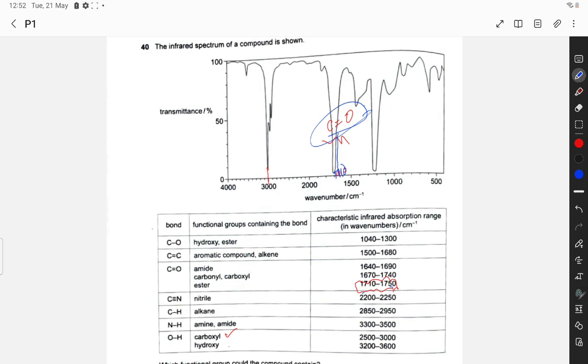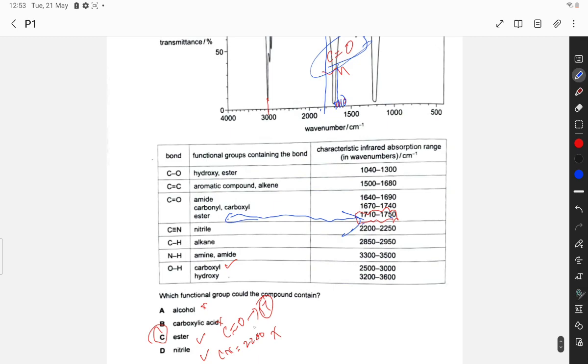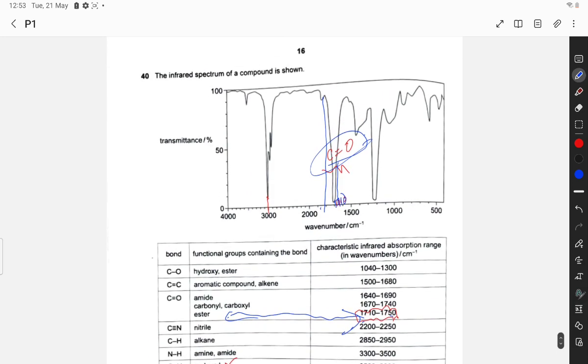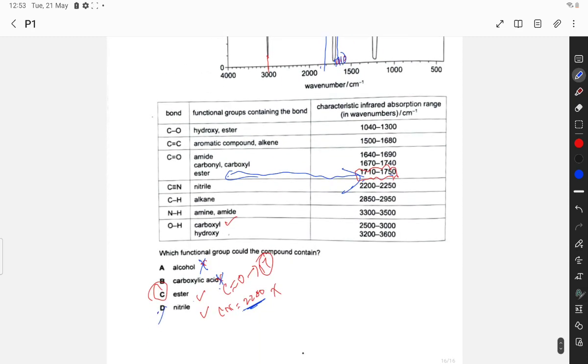This is 1710, and this is 1750, which is ester. So that's why alcohol is absent, carboxylic acid is also absent, and ester is formed. C≡N changes, nitrile is at 2200. There is no visible peak seen at 2200. So that's why it is also incorrect. C option is correct as well.